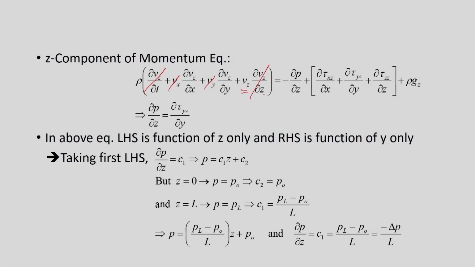So, that is 0. Pressure we do not know anything. Tau xz is having the velocity components Vx and Vz, right. Vx is not existing, but Vz is existing, but Vz is not a function of x. So, the term is 0.